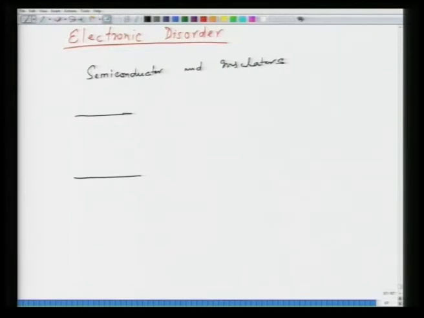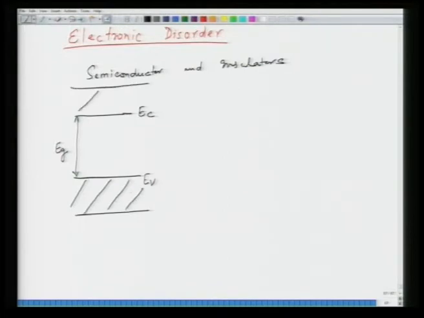So, this is your energy gap in the energy band diagram, and this is Eg, which means nothing exists. So, this basically separates your valence band and your conduction band. So, this valence band is typically at 0 K filled, and this would be empty.